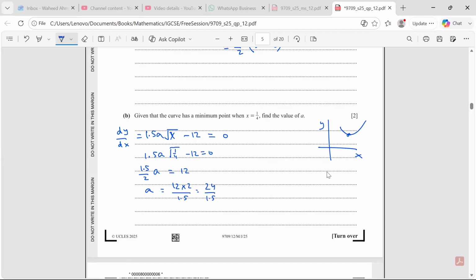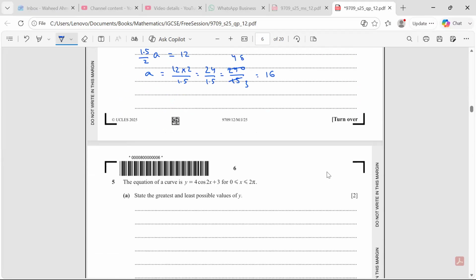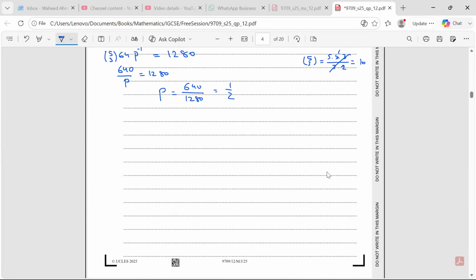And how can I simplify it further? 24, I can multiply by 10 over 15. So a is equal to 16. Okay, this is our solution for question number 4.